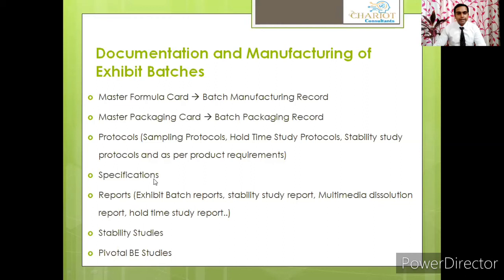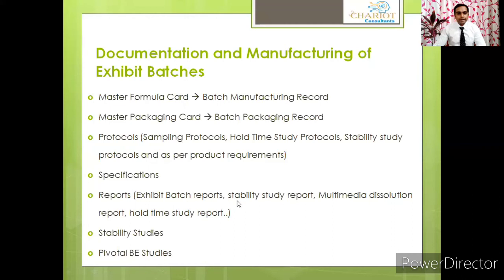So our main focus is just to give an overview of the cycle which happens from lab to commercial or exhibit scale. Talking about the reports which are generated, the exhibit batch manufacturing report will be prepared by the plant people, or with the people who are involved in the technology transfer in the plant.